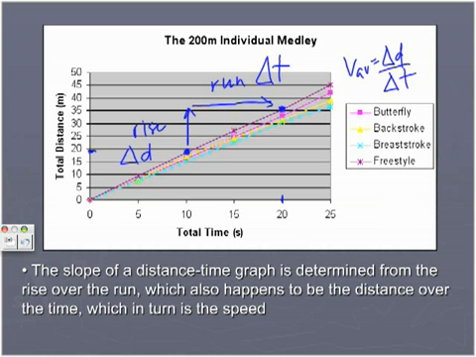Because our 2 points are just random 2 points on our grid, we have d1 and d2, and down here t1 going to t2. So when we make this calculation, v_av = delta d over delta t, which equals d2 minus d1 over t2 minus t1. And that will help us identify the average speed from the graph.